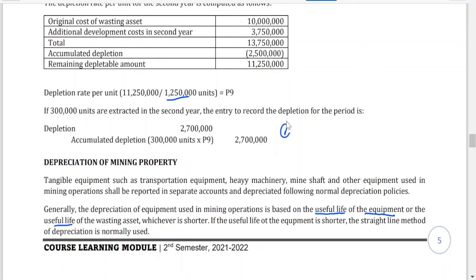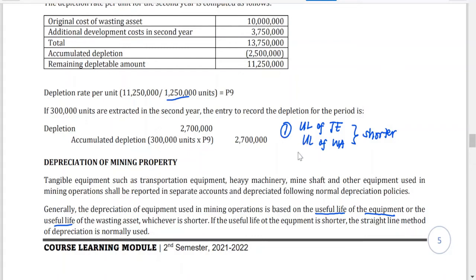So first priority is you get the useful life of the tangible equipment and the useful life of the wasting asset. So whichever is shorter, okay, whichever is shorter, so it depends po kung kasi mas shorter.